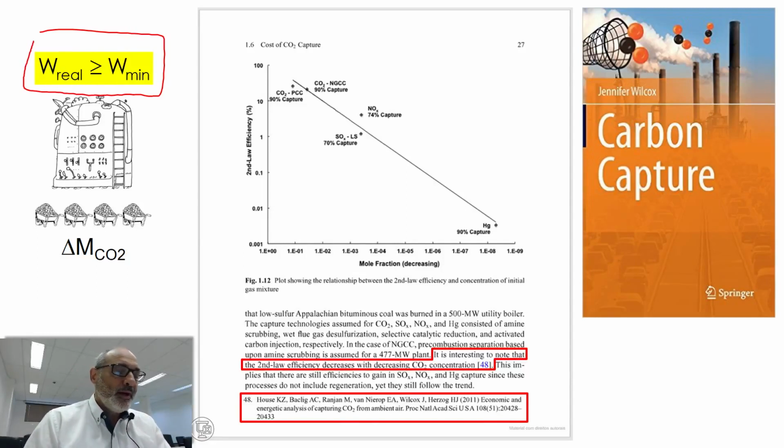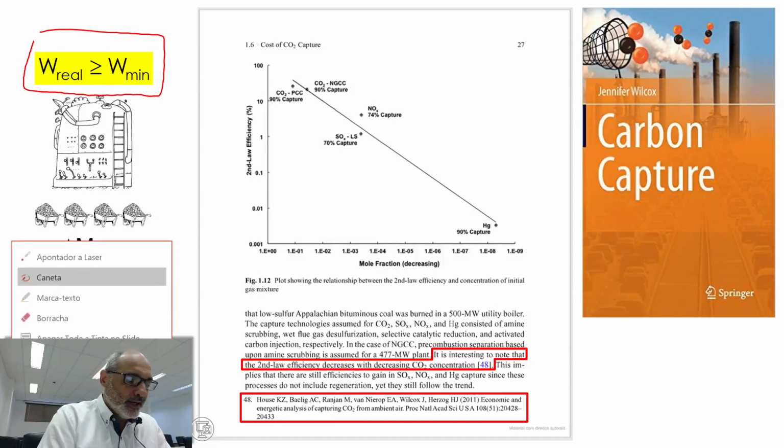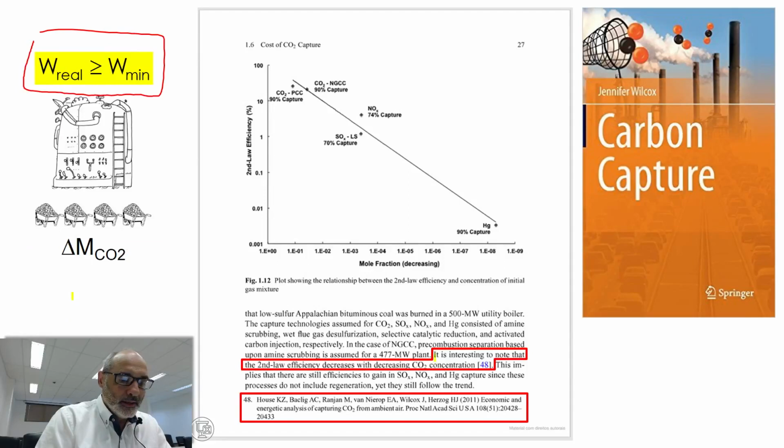And what happens in practice is that, as I'm highlighting here, the efficiency of the process tends to decrease. Let's say the mechanical efficiency, or exergetic efficiency, of the process tends to decrease as the molar fraction of the element that you're removing decreases.